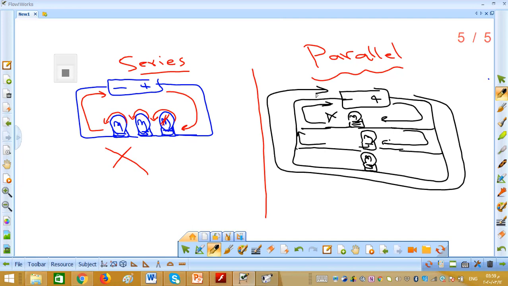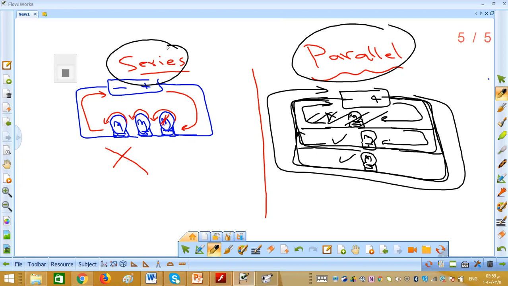If one burns out, so in this branch no electricity, but this and this, we have closed circuit, they can move, and here they can move. So parallel circuits are better than series circuits, because here if one burns out, the others will work, and in series, if one burns out, the others will not work.